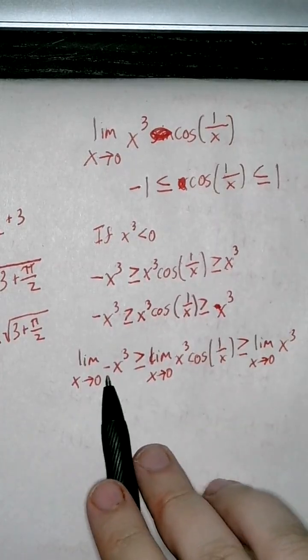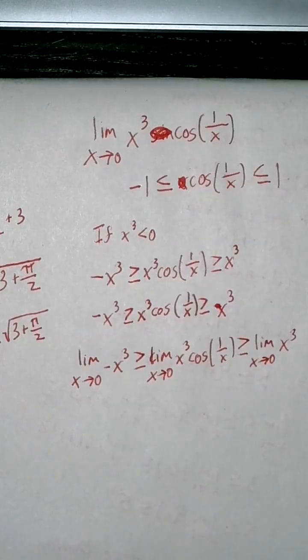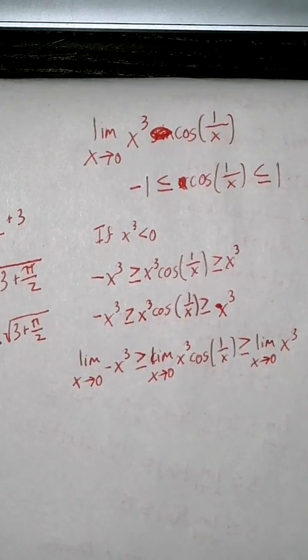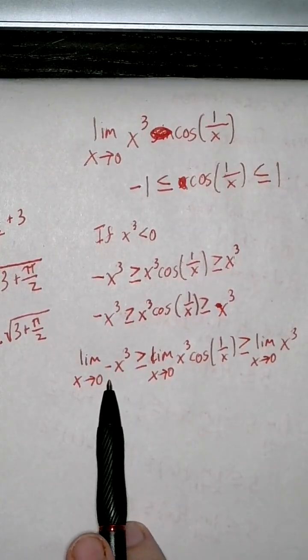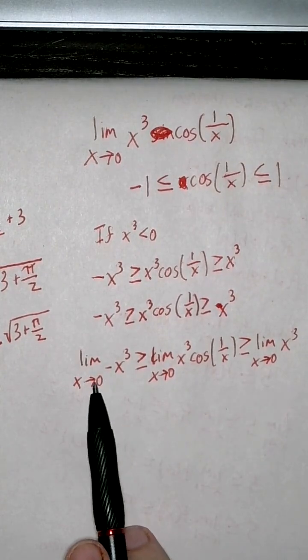So from here, I need to find the limits of these numbers. When I plug in 0 into my leftmost limit, what do I get? What would my answer be to this limit?